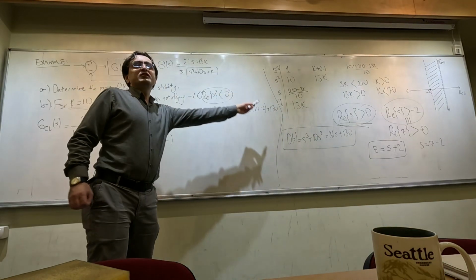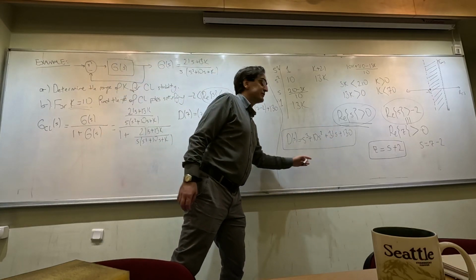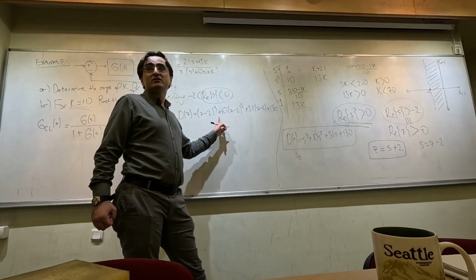Suppose that this polynomial has a root at s0. Where is that root transformed in this polynomial?